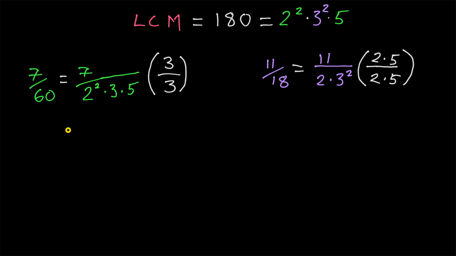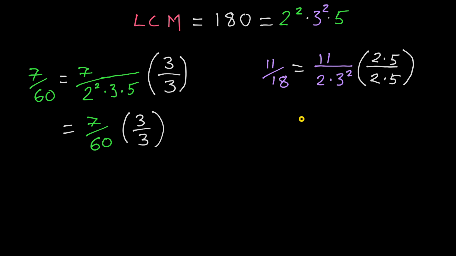So let's perform this calculation. Let's start with the left-hand fraction first. This is just equal to 7 over 60. I'm just copying this. So this guy over here is equal to 7 over 60, and then we are just going to multiply this by 3 over 3.